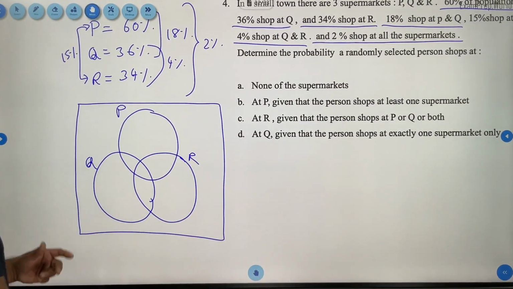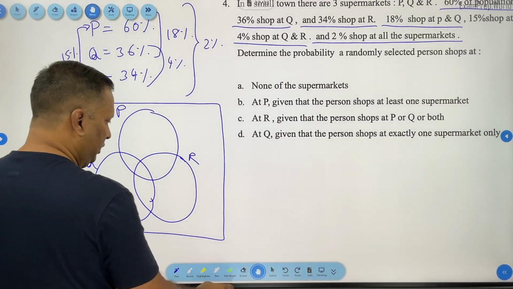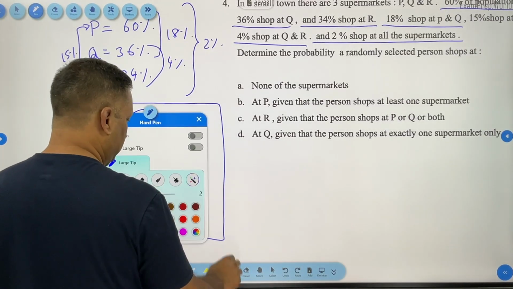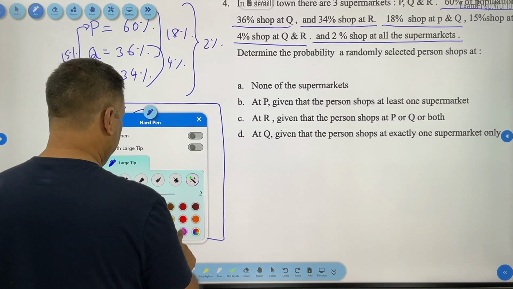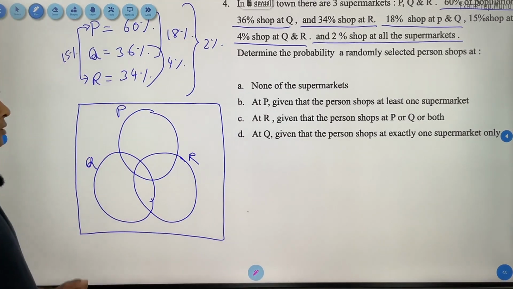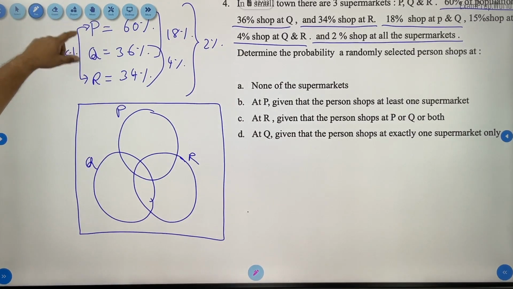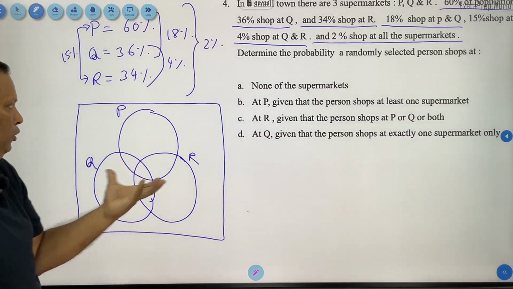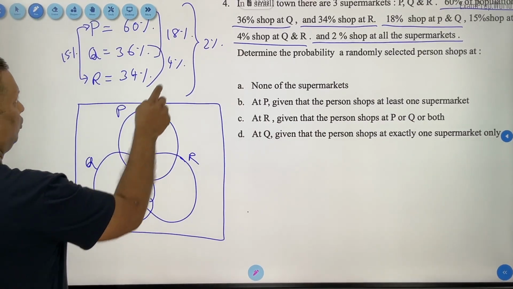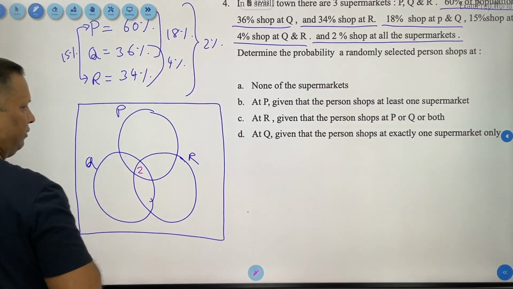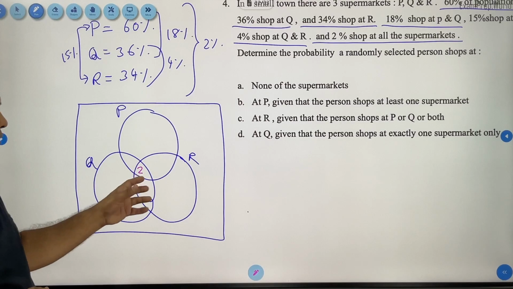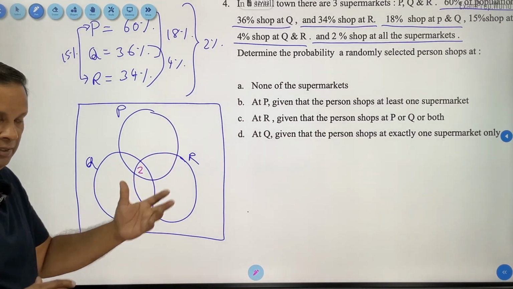So we can fill the data. We will fill the data with a different color, pink. So what is common in all 3, P, Q, R? 2%. I have written here 2. I will not write percent, you know that these are percentages because space is less.